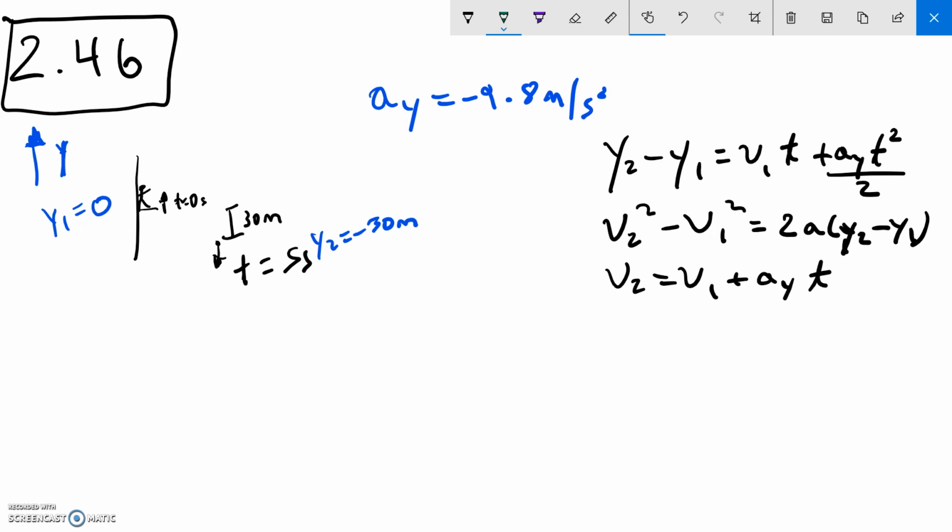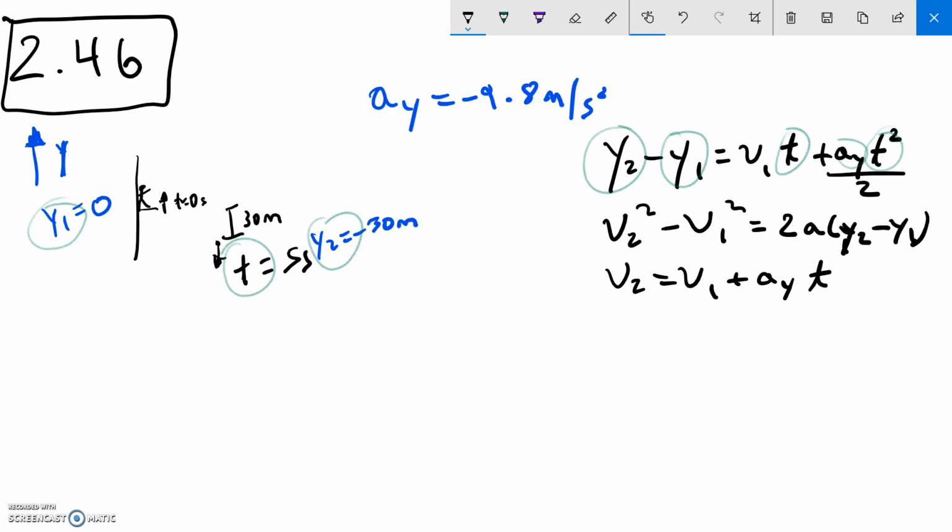Let's see, we have y1, we have y2, we have the acceleration in the y, and the time. Therefore, we can use this equation right away to at least get information about what was the initial velocity.